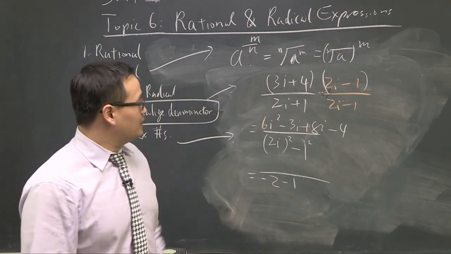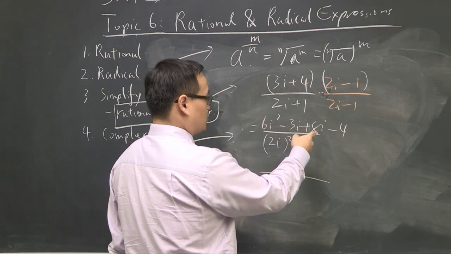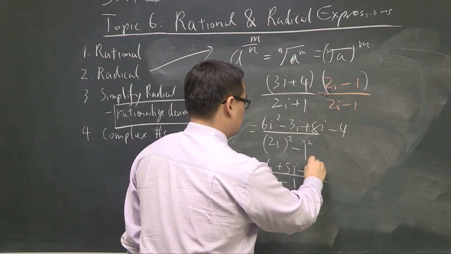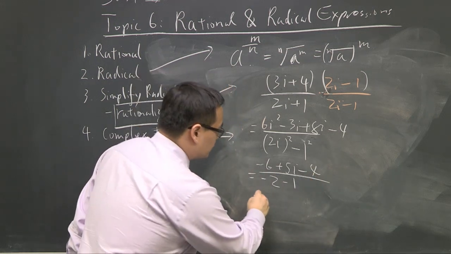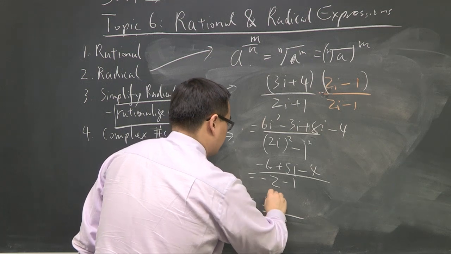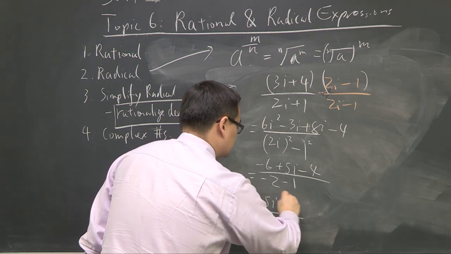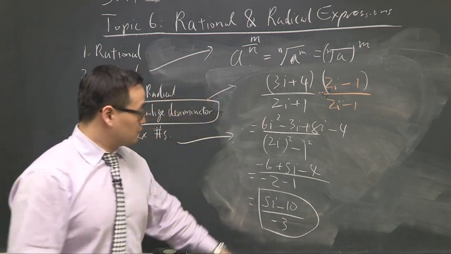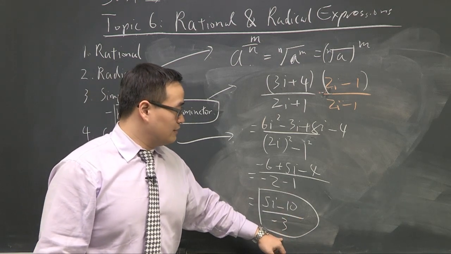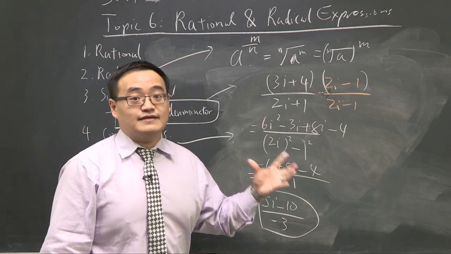And the top will be 6i squared, so -6 plus 5i minus 4. So all things considered, -3, 5i minus 10. You can distribute this if you want. Is 5 over -3i minus 10 over 3 if you want. But not really a big deal.